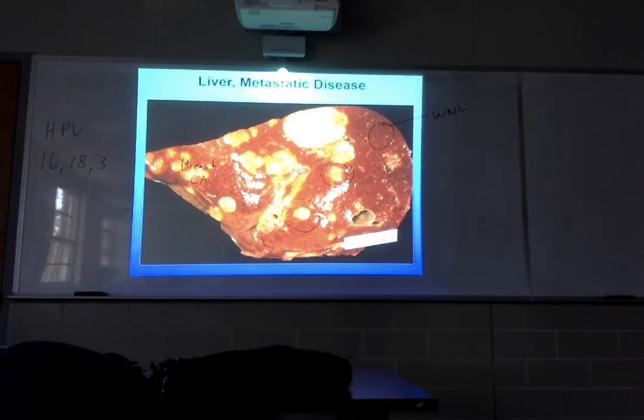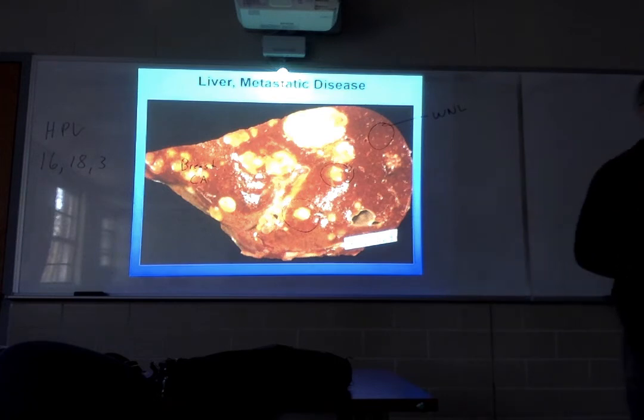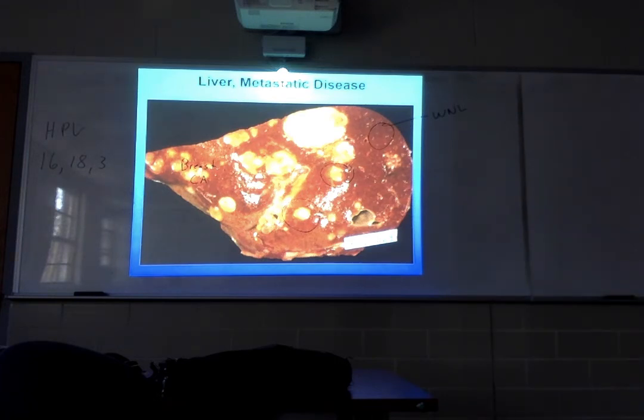How would you know that this is breast cancer and not primary liver cancer? Let me rephrase my question. Just by looking at this gross specimen, how would you know that this is not primary liver cancer?